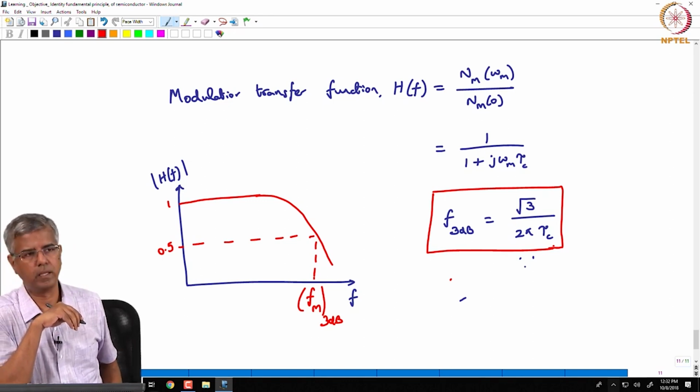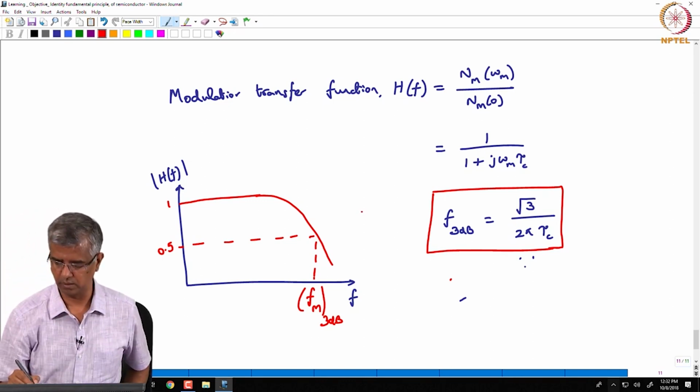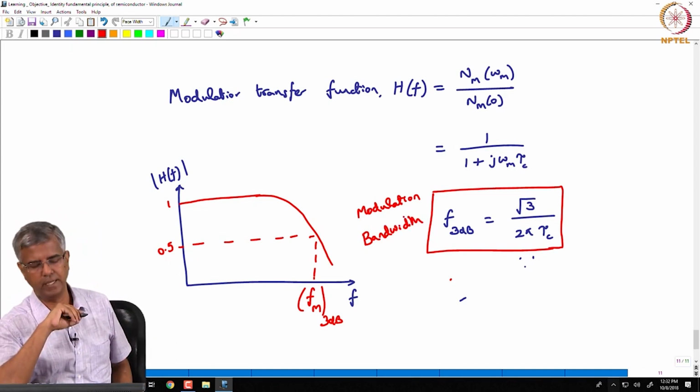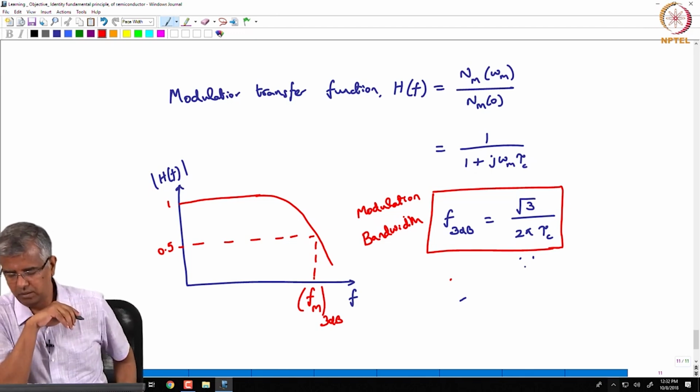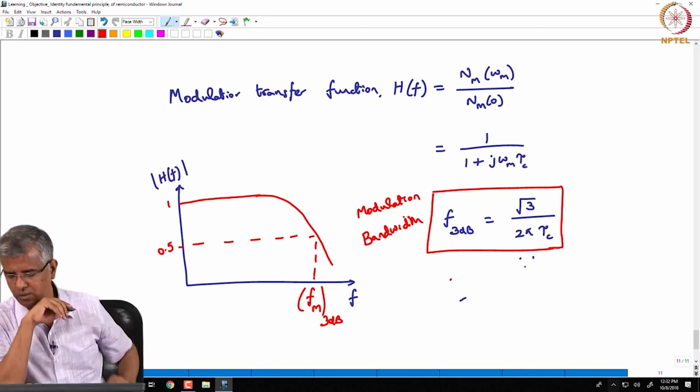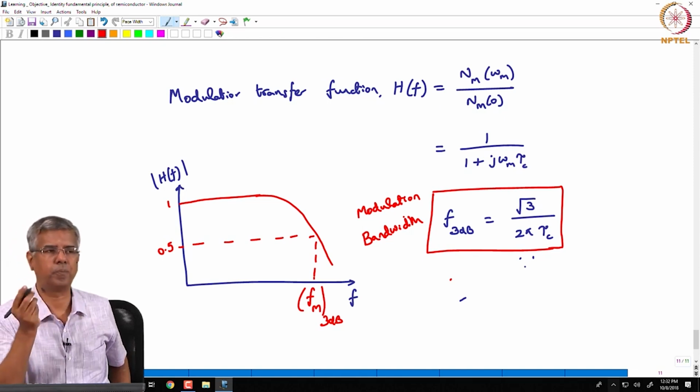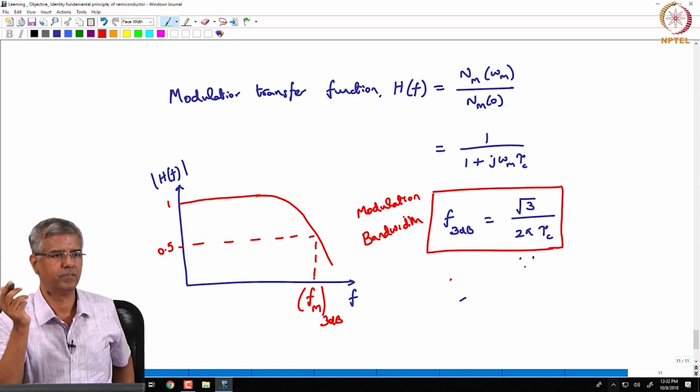So, this is what you call the modulation bandwidth of my LED structure. And forget about those numeric values, right. Basically, it says it is inversely proportional to tau c, which is quite intuitive, right.